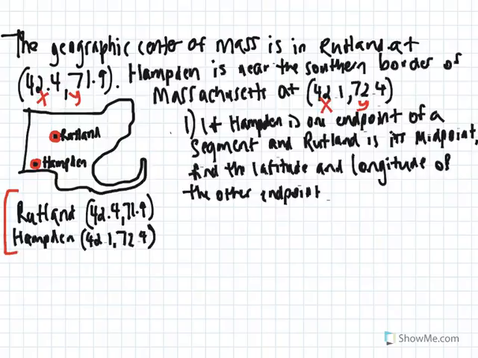So the first question is asking me if Hamden is one endpoint of a segment. Hamden is the endpoint, and Rutland is the midpoint. Find the latitude and longitude of the other endpoint. So they're just looking to find the X and Y of the other endpoint. So right now I have my endpoint 1 equals Hamden.